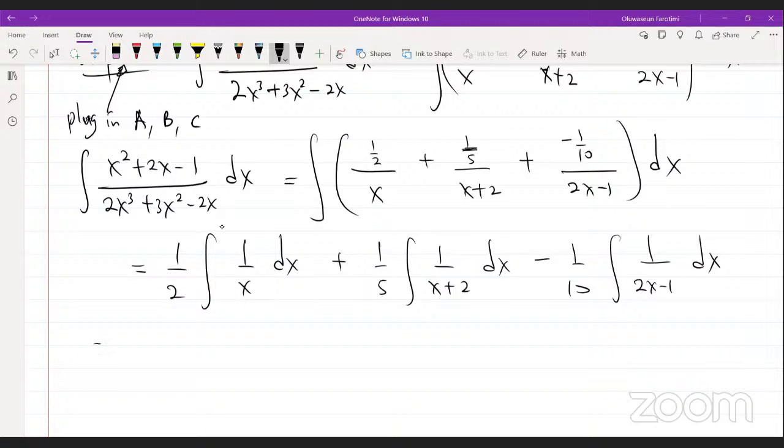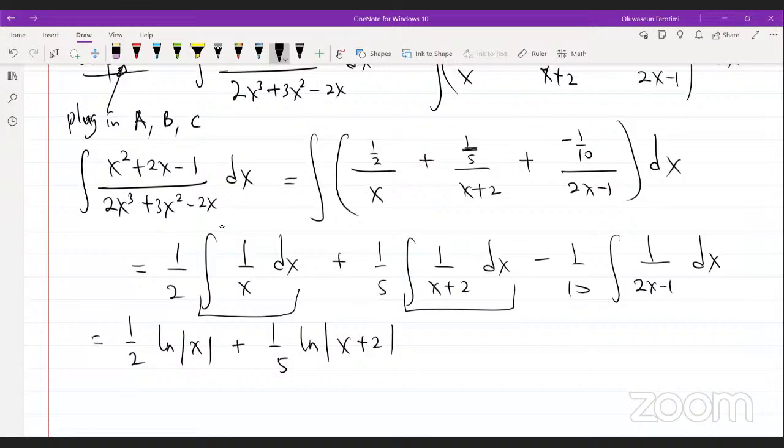Okay, so over here, this is a 1/2. If you integrate this guy, this is just ln of this guy, right? Plus 1/5. If you integrate this guy as well, this is just going to be ln of x + 2.